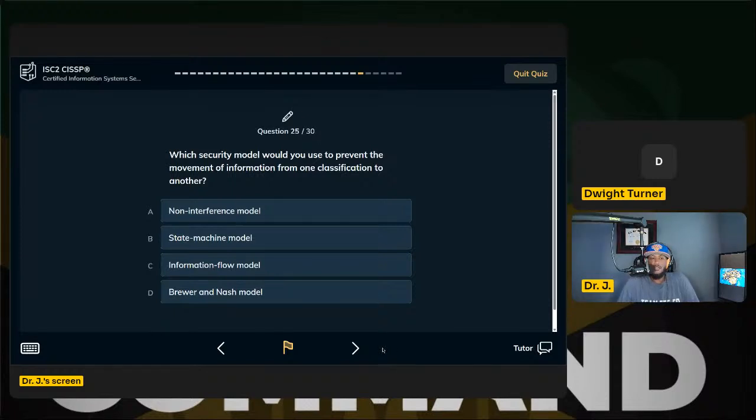I don't think it's Alpha. I was looking at Charlie, but I'm not sure. I think it's between Bravo and Delta.